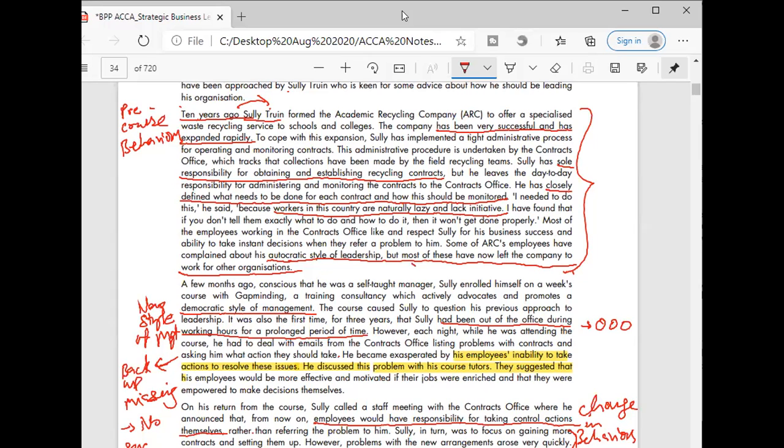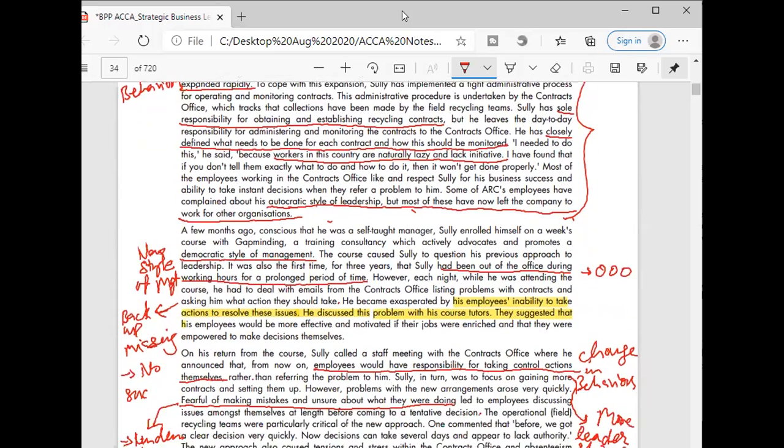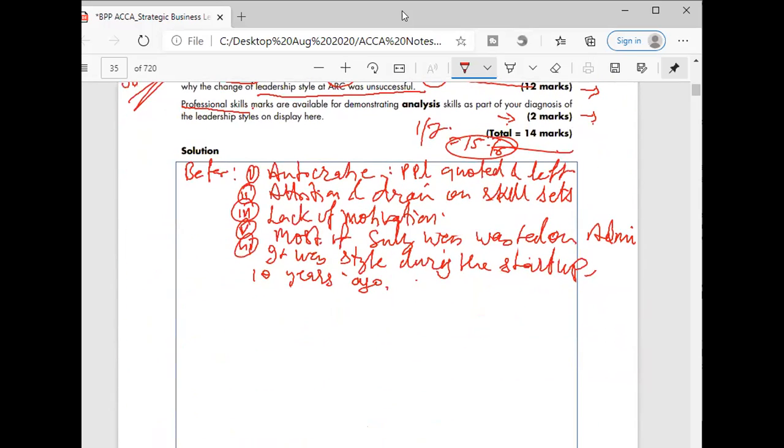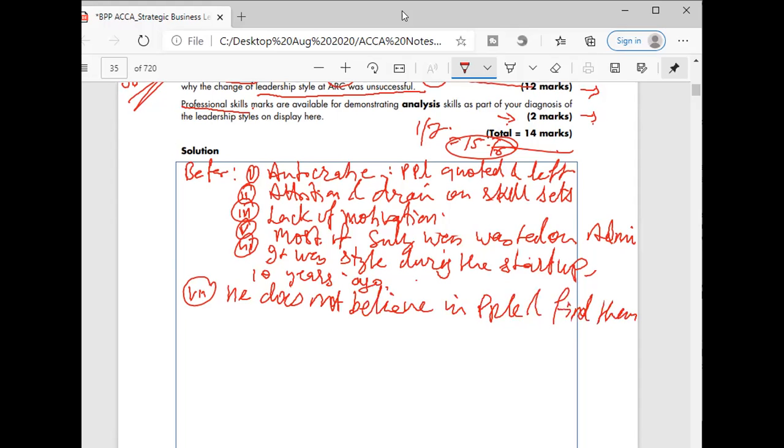People have already mentioned it. People are leaving because of that, and his style is very demotivating because somewhere people will note, right? He does not believe in his people and finds them inherently lazy.